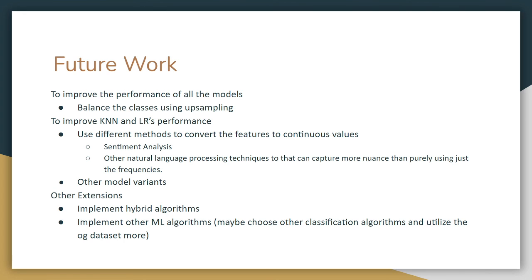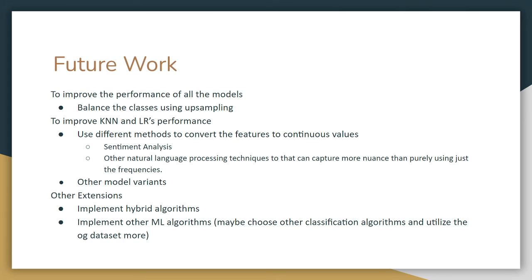Also, to improve their performance, we could do some kind of model variant. So we could do locally weighted regression, or KNN with a kernel instead of a squared Euclidean distance, because working in a higher dimension, or implicitly working in a higher dimension, might give KNN more information.